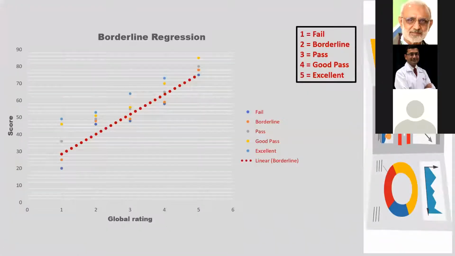Here is another example. In this example, the cutoff mark would be nearly about 40%.